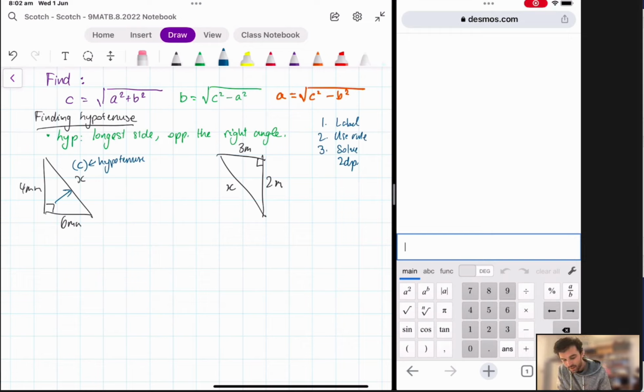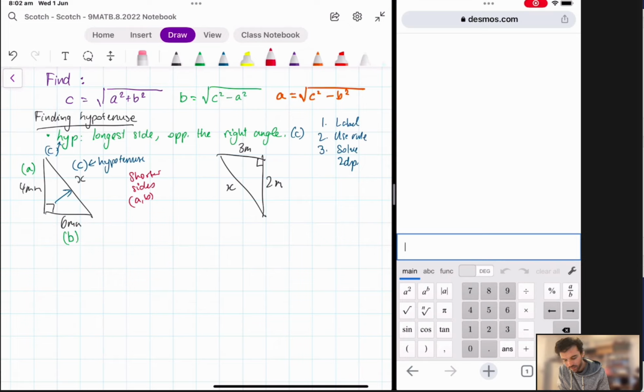Next, we have A and B left. It doesn't matter what I call each other side. So the shorter sides are known as A and B. Okay, so we're going to add that to the notes here. C, that's what we call the hypotenuse. And we can say that the shorter sides are A and B.